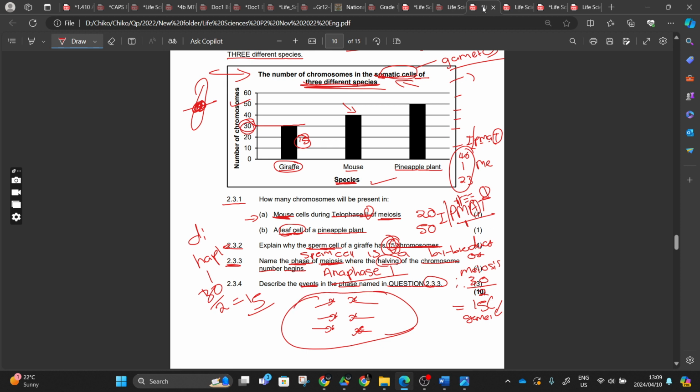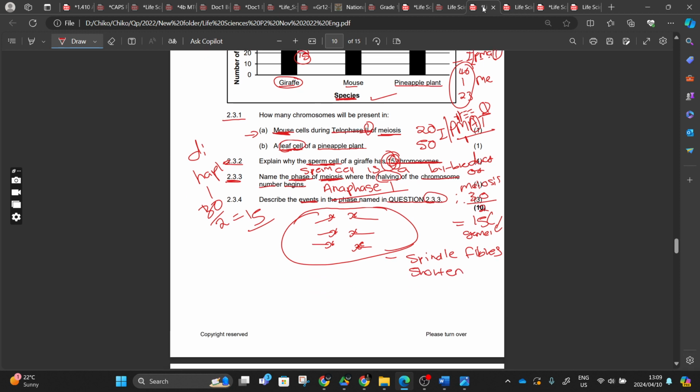Nothing happening here. So you will say that the spindle fibers will contract, or you say the spindle fibers shorten, right? Or we have the fancy name that they use: contract.